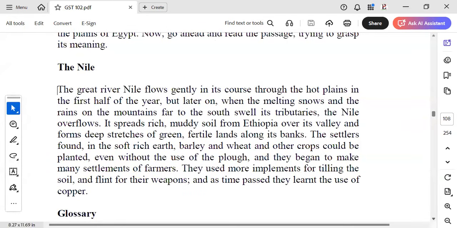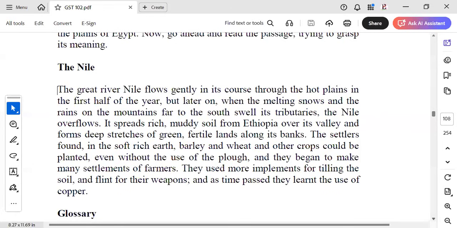The great river Nile flows gently in its course through the hot plains in the first half of the year, but later on, when the melting snows and the winds on the mountains far to the south swell its tributaries, spread rich soil from Ethiopia over its valley, one of the stretches of fertile land along its banks.